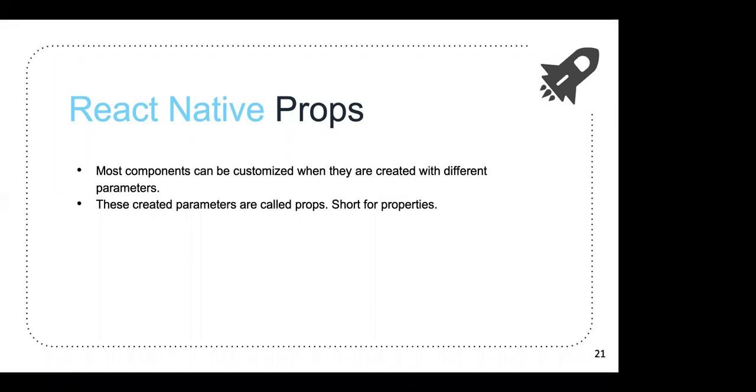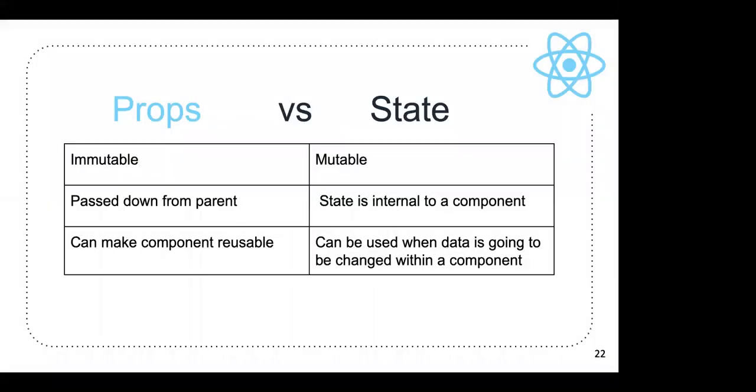So let's discuss these props and these states. If you are comparing props and states, props are immutable and states are mutable. Props can be passed down from the parent, but state is internal. That means it keeps the values inside the component, not in the whole application.